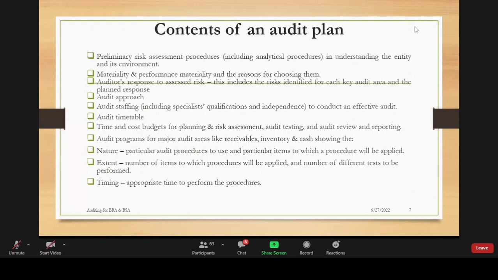The timetable, it is very, very bad for an auditor not to meet the reporting deadline. It is very, very bad. Actually, if it so happens that you fail to meet, because some entities are highly regulated, for example, the banks and insurance companies have to submit their audited financial reports to their regulators by 31st of March every year.